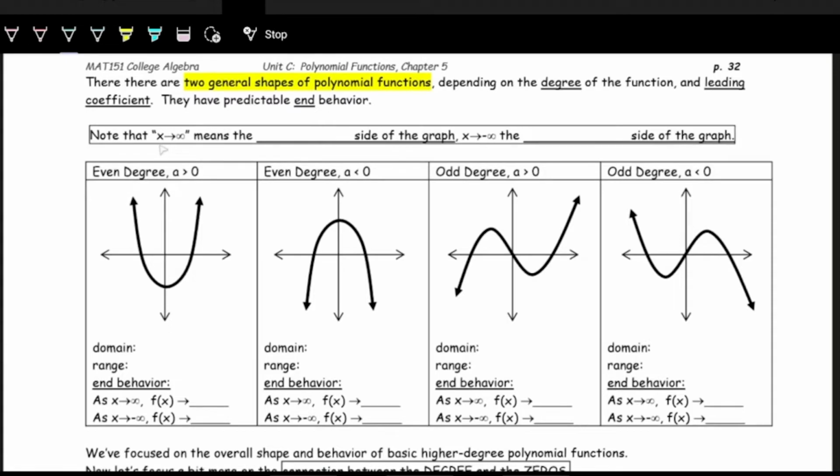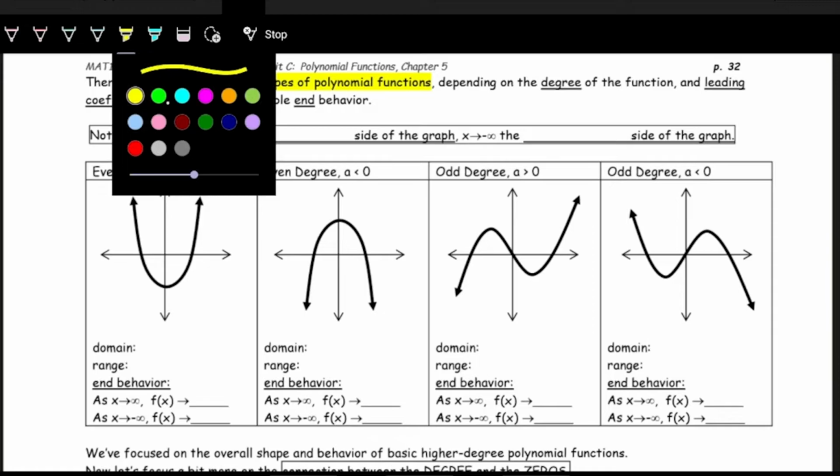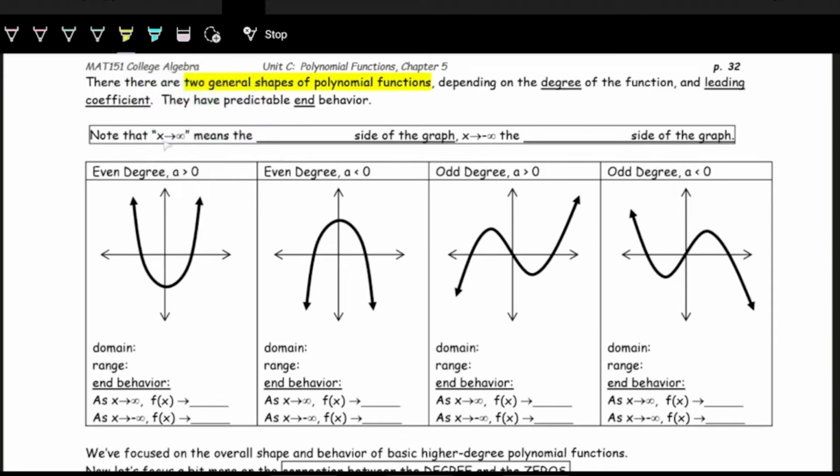So first, one nice notation that we're going to be using to help describe some of these behaviors of the graphs of functions is this notation here that says x arrow infinity. So what that means is that you're looking at the behavior of x. What's happening with x? Well, it is approaching infinity. That's what the arrow means.